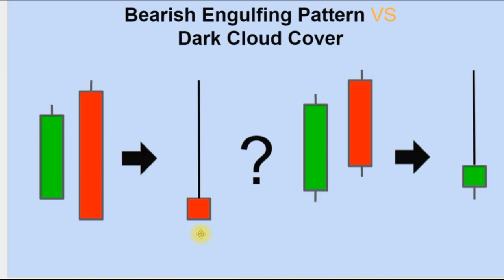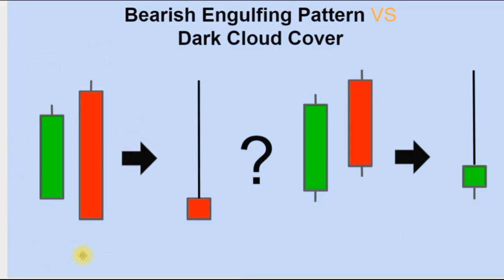And in our last video, we established that a dark cloud cover is the equivalent to a green shooting star. And if you can remember or refer to your notes on the shooting star video, we established that a red shooting star is more bearish than a green shooting star. So a bearish engulfing pattern is more bearish than a dark cloud cover.